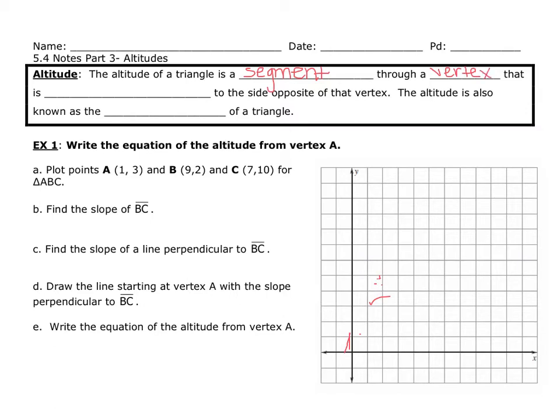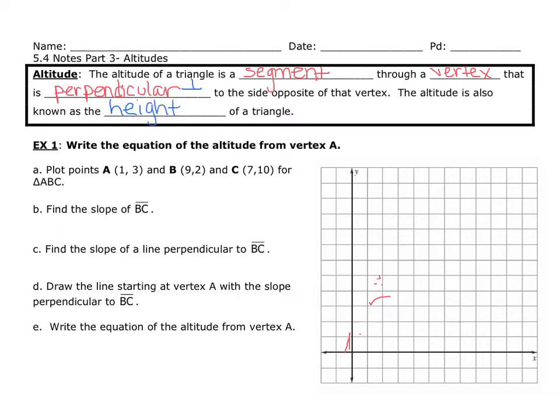All right, so the altitude of a triangle is a segment through a vertex that is perpendicular to the side opposite of that vertex. Remember, the symbol for perpendicular is the upside down T. The altitude is also known as the height of a triangle.